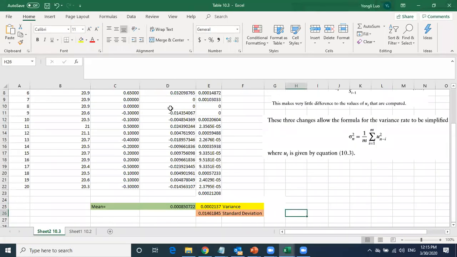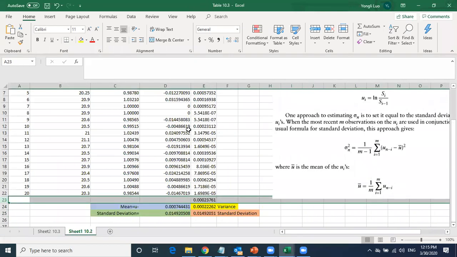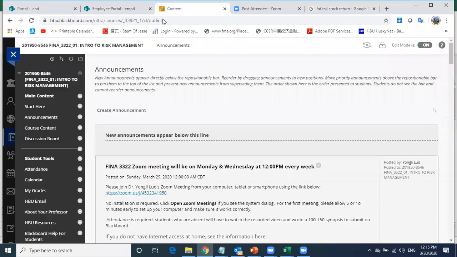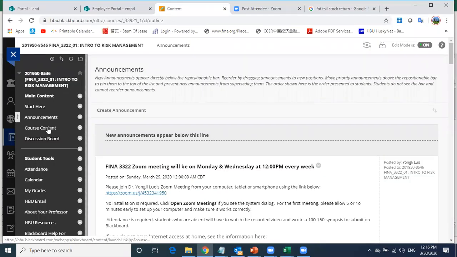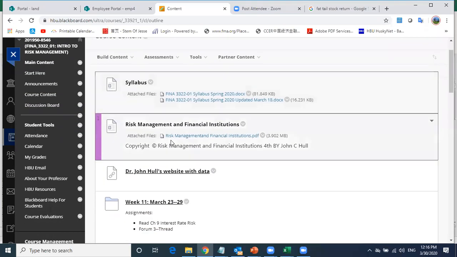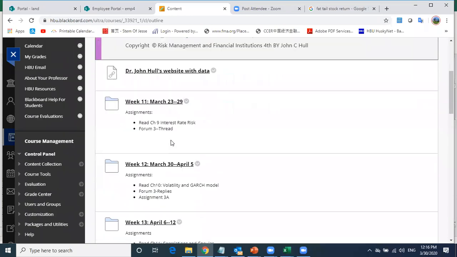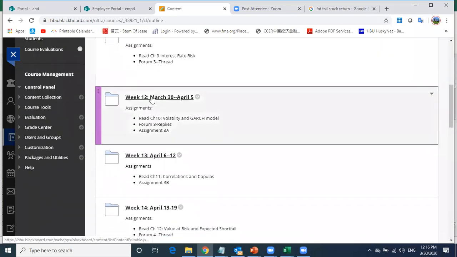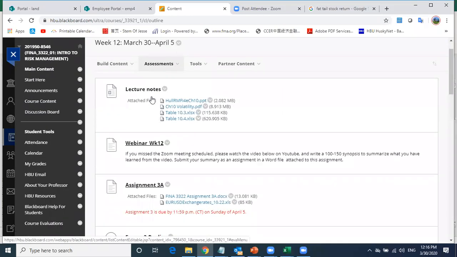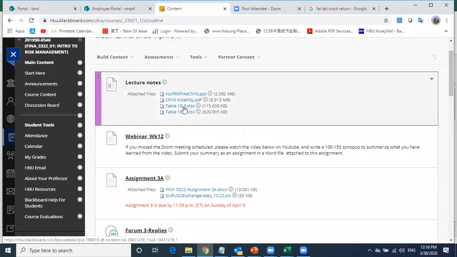If you don't want to do this yourself, we already have this document uploaded to your course content area. So you go to your Blackboard and course content, look at week 12, and you click on table 10.3.